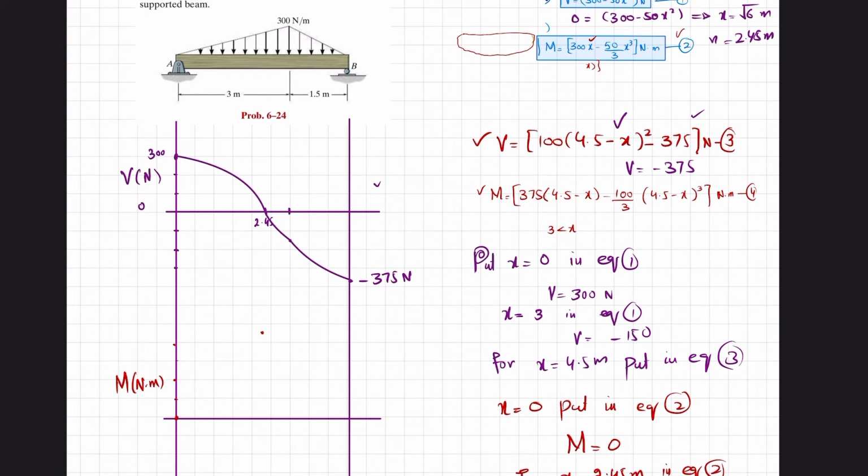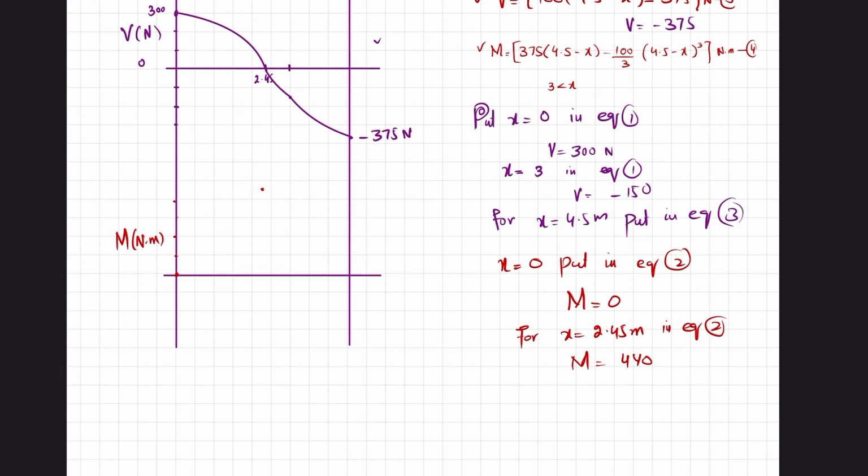And at x is equal to 3 meter, you have to put it in equation 2, so you will get moment is equal to 4, so sorry, this is 490, not 440. So I will correct it. So this will be somewhere here. This is 490.